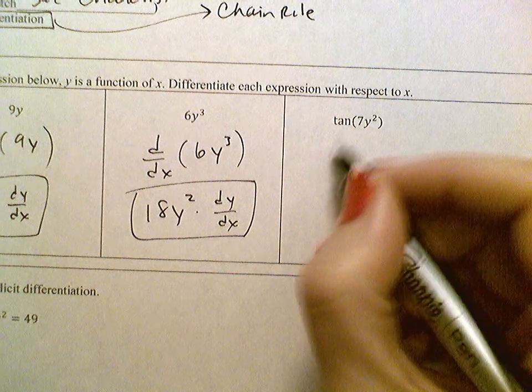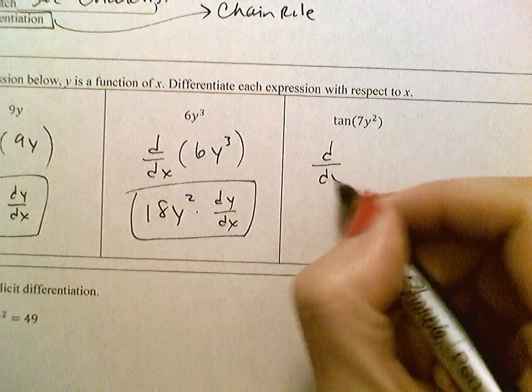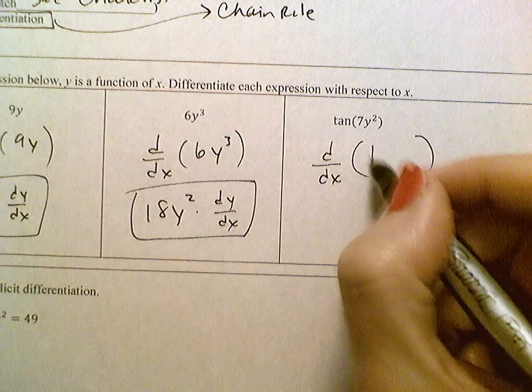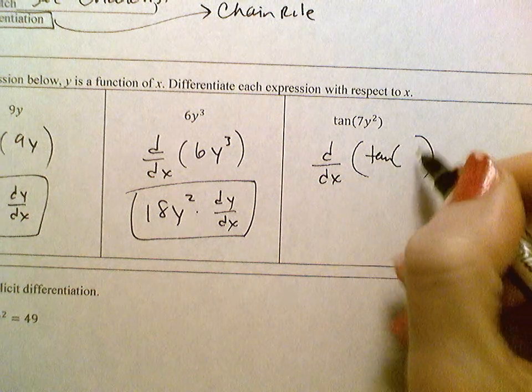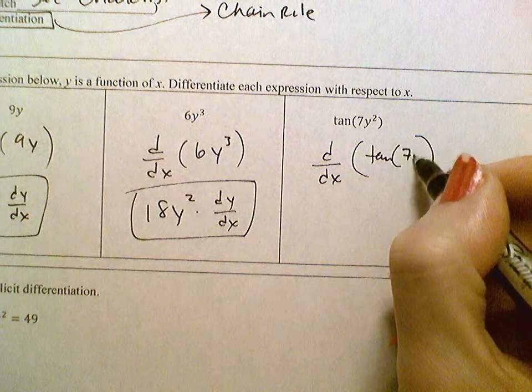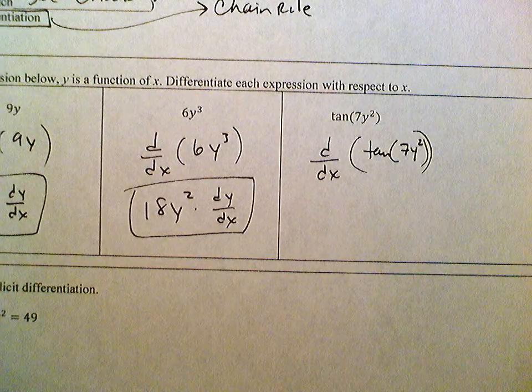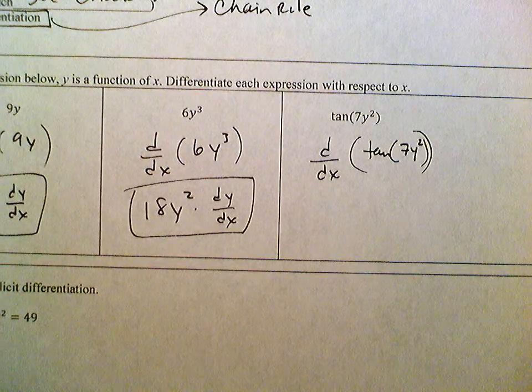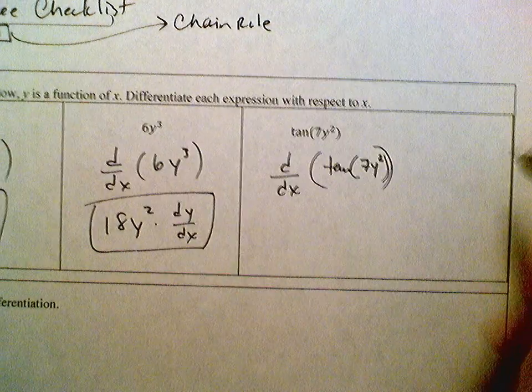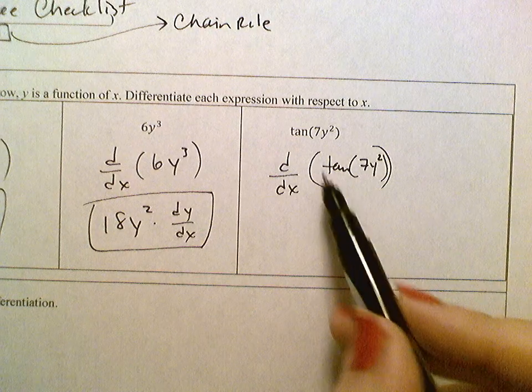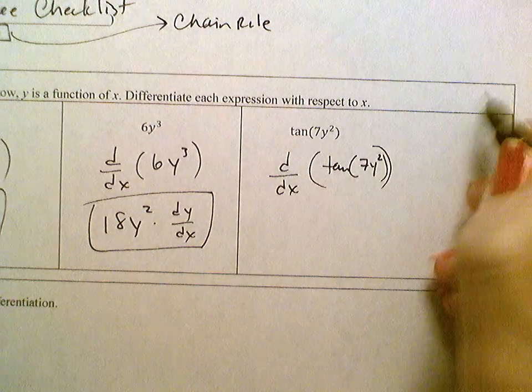All right, now this one I need d dx of tangent of 7y squared. If I was just going to do the normal derivative of this thing here, I would need chain rule.